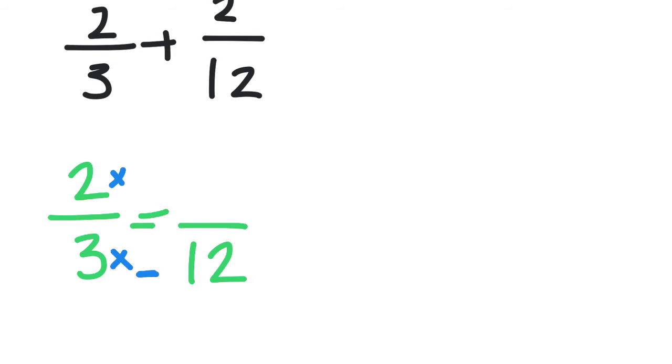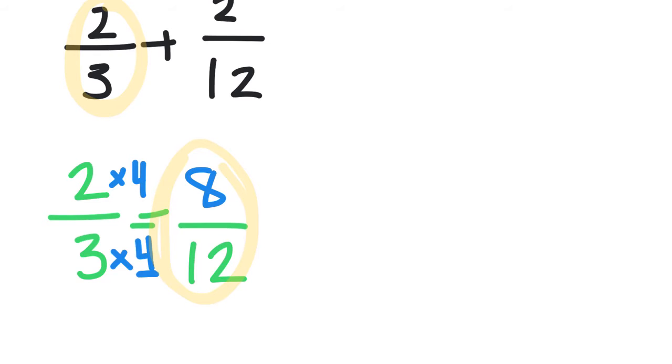3 times what would get me 12? 3 times 4. If I multiply the denominator by 4, I must also multiply my numerator by 4. 2 times 4 is 8. So now I have found an equivalent fraction. 2/3 is the same as 8/12. They're equivalent.